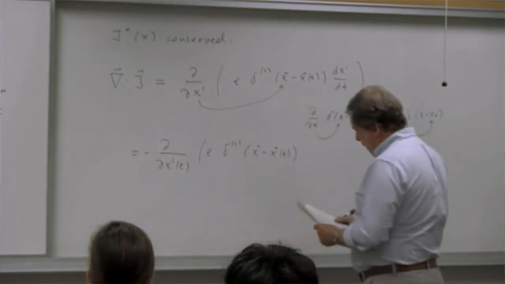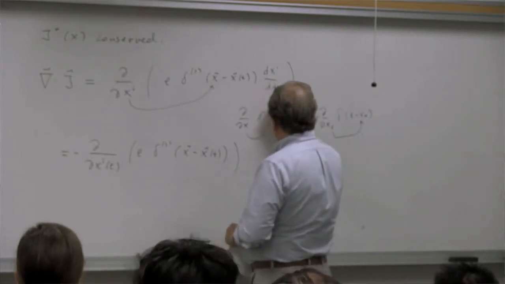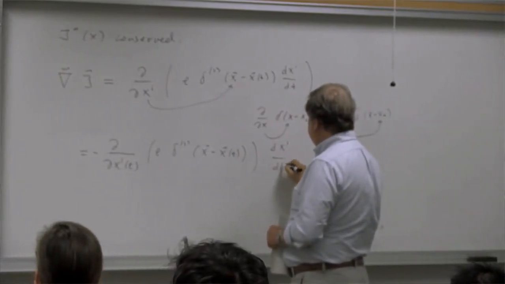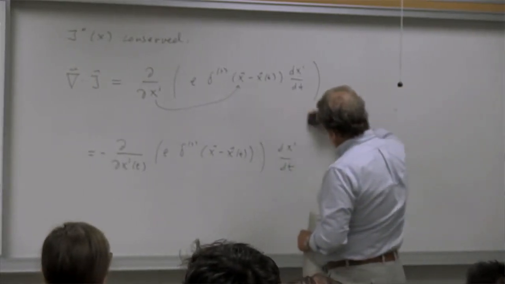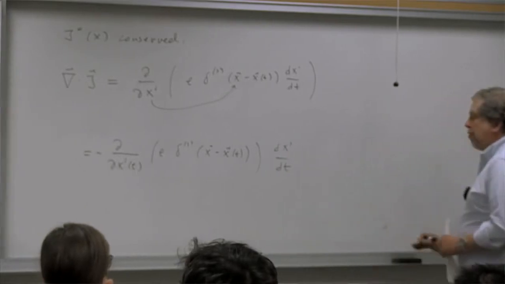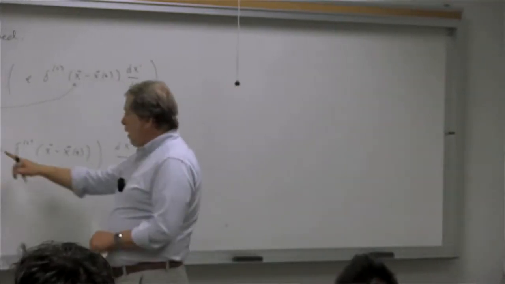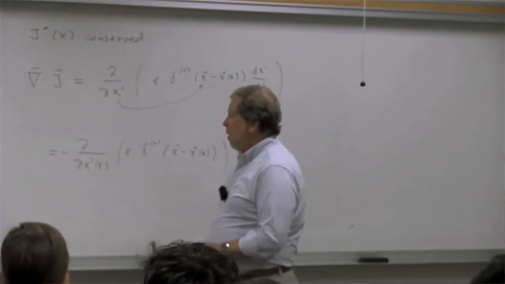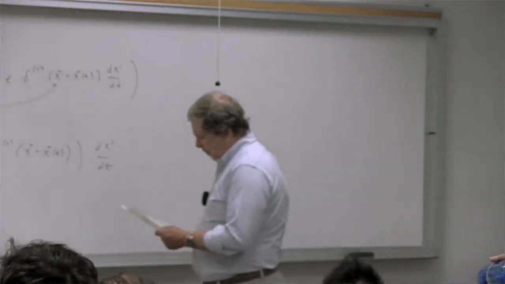This part is unchanged. And then times still this derivative which we have up here, which is dxi by dt. And now you recognize that dxi by dt times d by dxi is nothing but the derivative with respect to time.